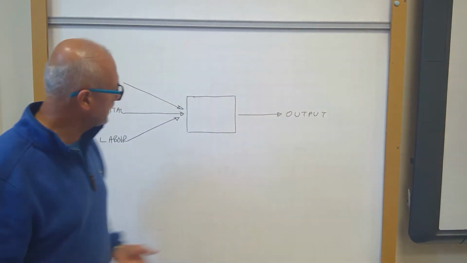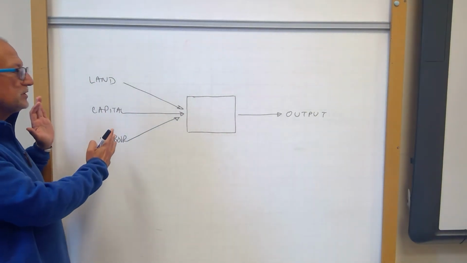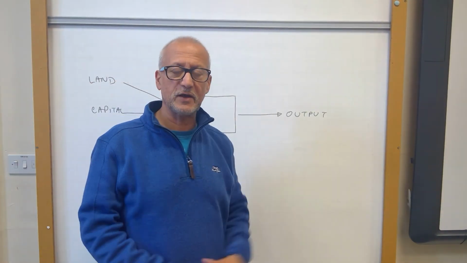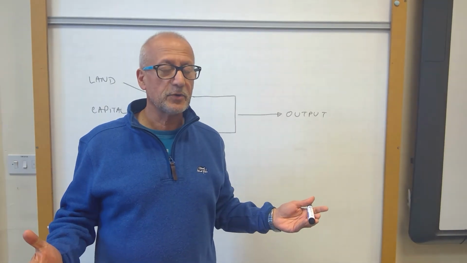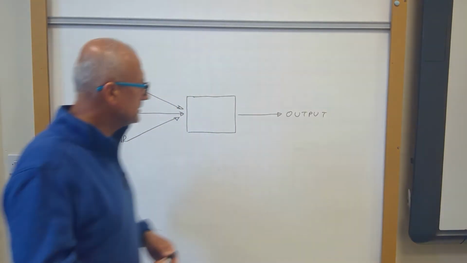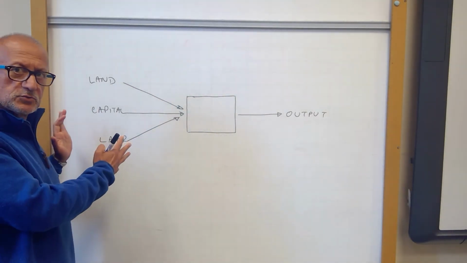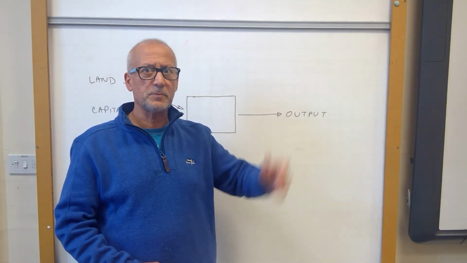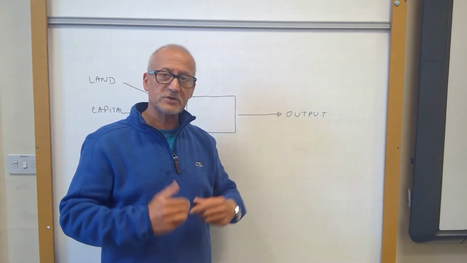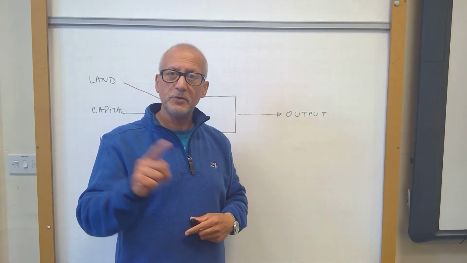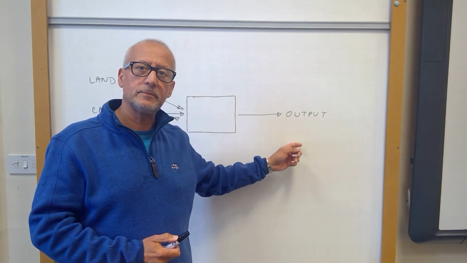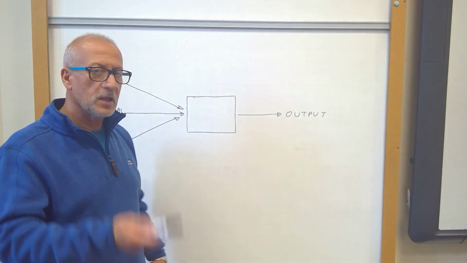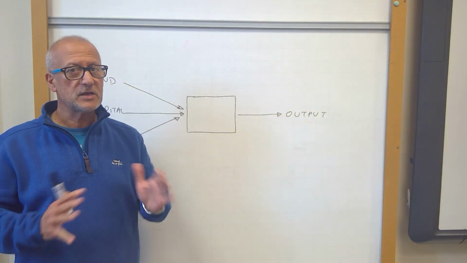If that's what's happening, if we're using £100 worth of resources to produce £200 worth of output, we're increasing our productivity. On the other hand, if we're using an additional £200 worth of resources to produce £100 worth of production, the productivity is going down. But in both cases, the production is going up. And that's why production and productivity are entirely different things.